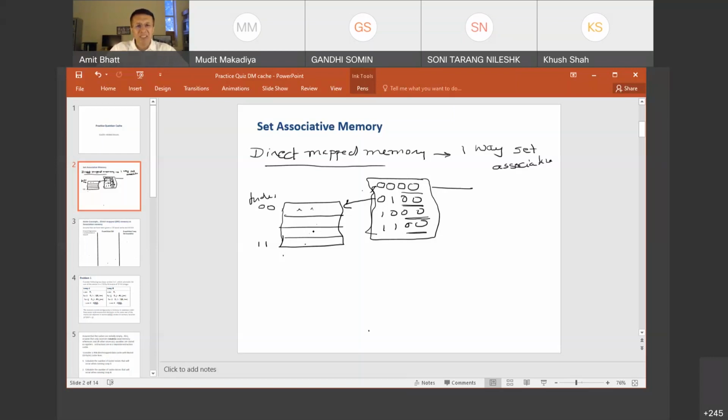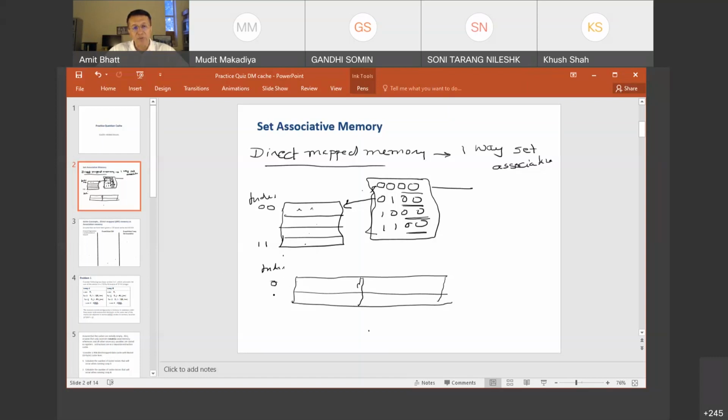So then someone said, let me make some little change here. I'm keeping my overall memory size of 4 slots the same, but I'm doing something like this. Now this is the index, and now I have divided it into just 2 blocks.